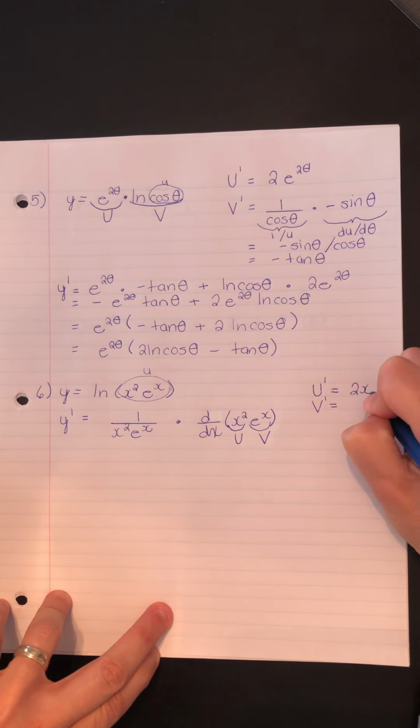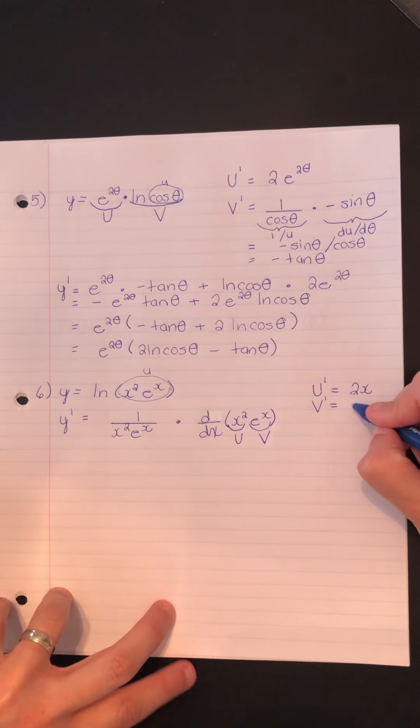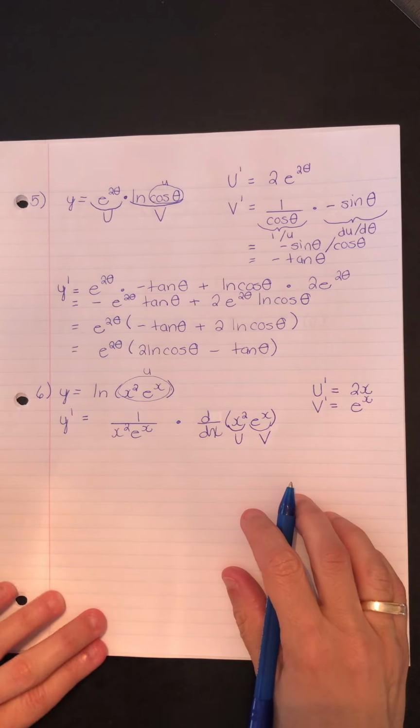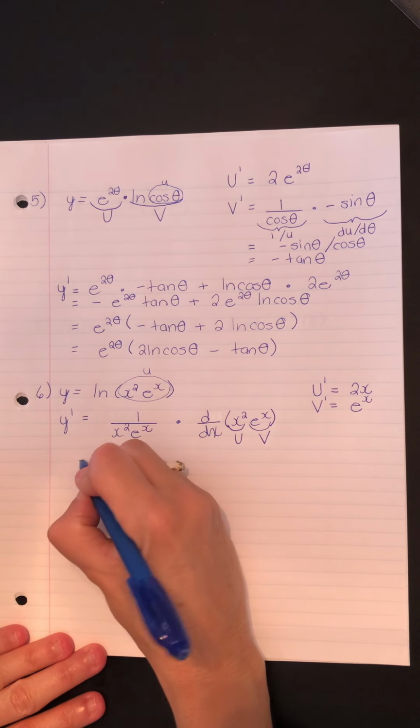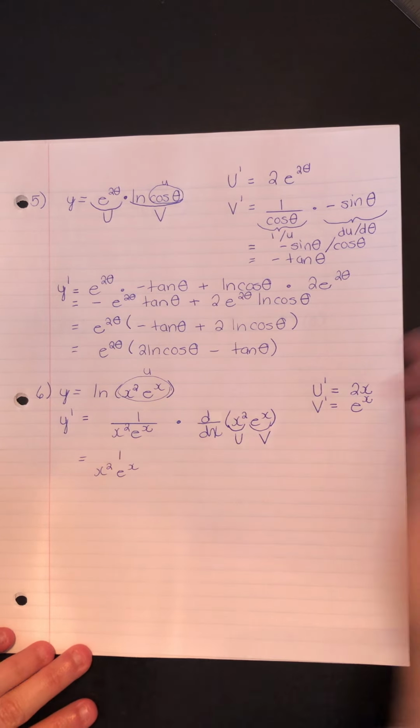It is 2x. What's the derivative of e to the x? It is e to the x times the derivative of x, or e to the x times 1. So it's simply e to the x.